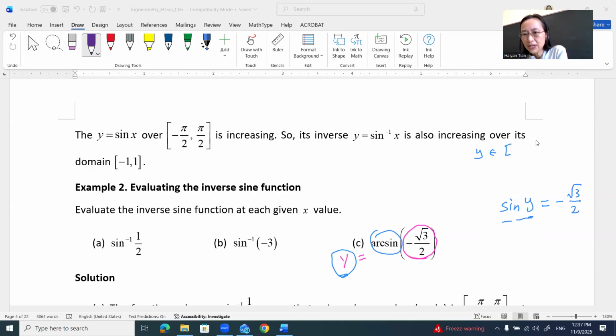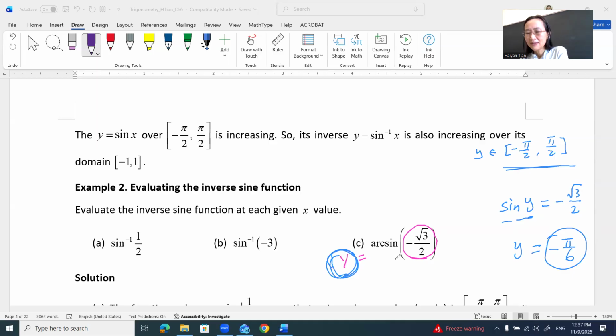So this y has to be in the negative half of pi to positive half of pi. So which y in that interval has sine value negative square root of 3 over 2? So it is negative pi over 6. We can find the value y is actually negative pi over 6.